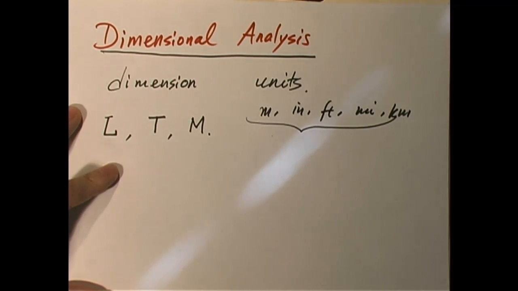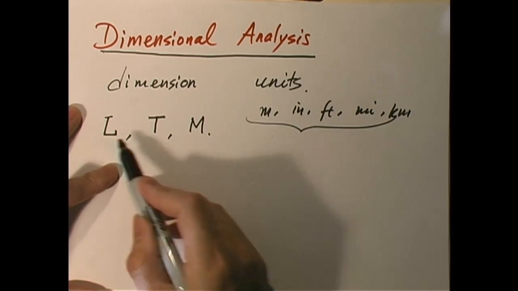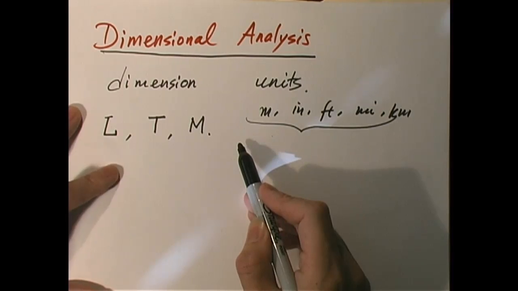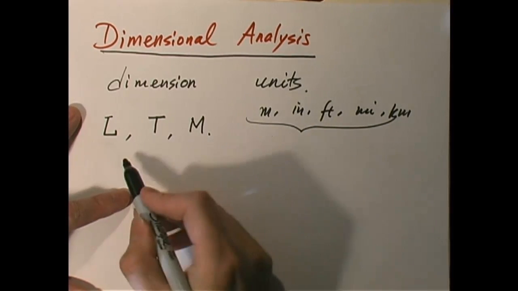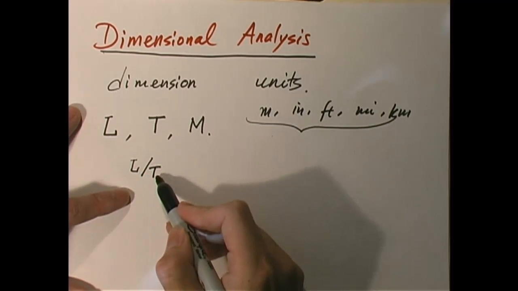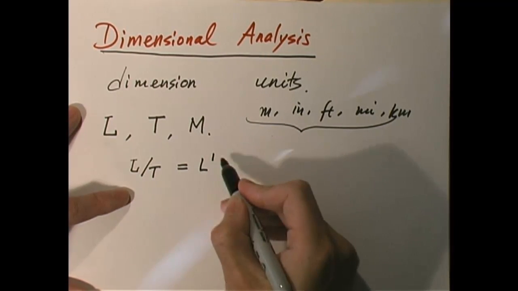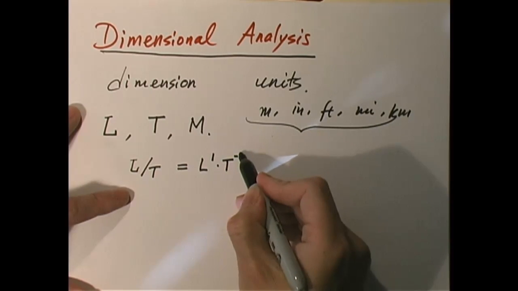For example, what is the dimension of the quantity speed? Well, speed is distance over time. So the dimension of speed would be L over T, the dimension of length over the dimension of time. I can also write it down as L to the power 1 times T to the power negative 1.